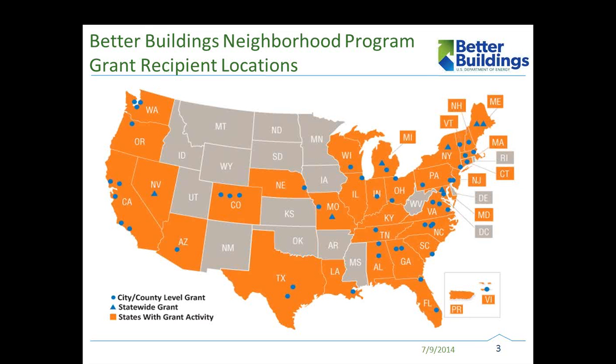Then there were about 7 that were State Energy Program grants. Those were smaller amounts, and those were not Recovery Act funded. So there are some differences between those two groups of grantees. Like I mentioned, there are 41 grantees, but there are a lot more dots on this map.